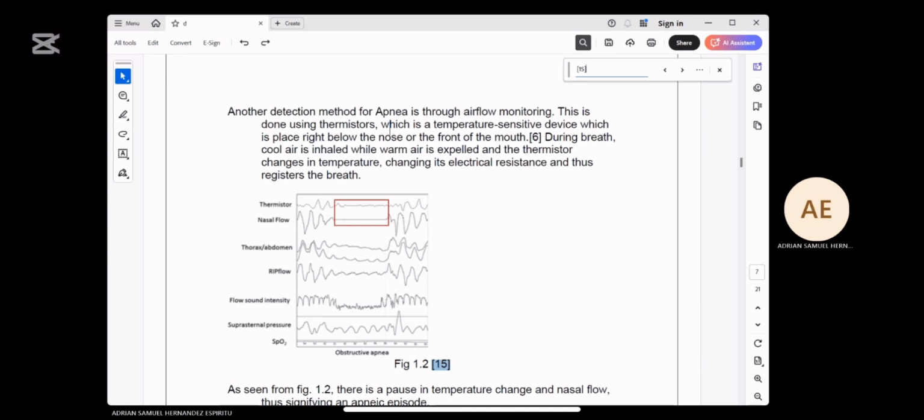This was an important document I referenced when I was trying to understand more about how to detect sleep apnea using a secondary modality, which in this case is airflow monitoring. So therefore, it refers to the use of thermistors, aka nasal temperature sensors, and it helps signify apneic episodes, especially when there was a change in the resistance in the thermistor.